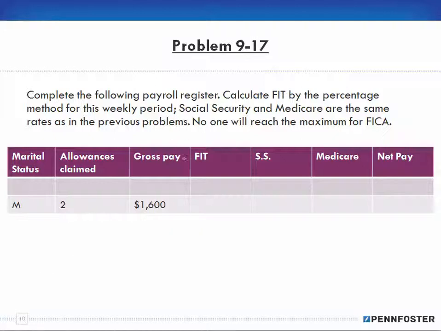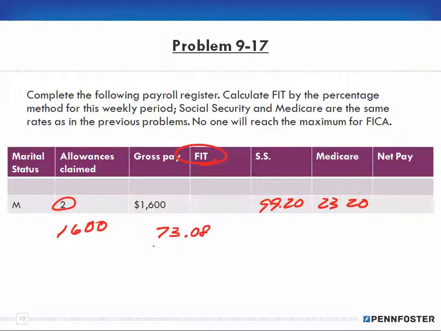Okay, so my Social Security here, I'm not going to go over that, 99.20. We know how to get that. The same thing with the Medicare, 23.20. We want to figure out our FIT using the percentage method. So we start out with $1,600, and then we had to look at the allowance chart, and on the allowance chart for weekly at one allowance was $73.08.